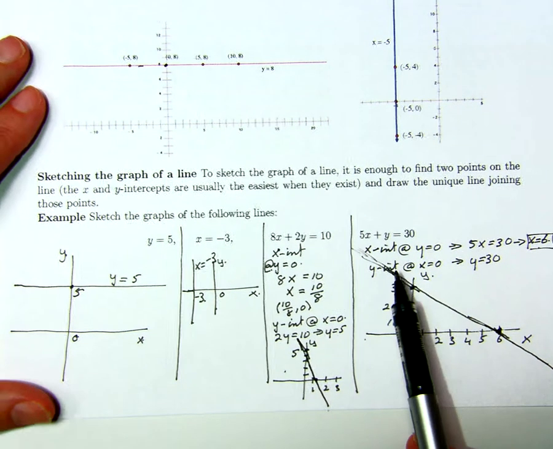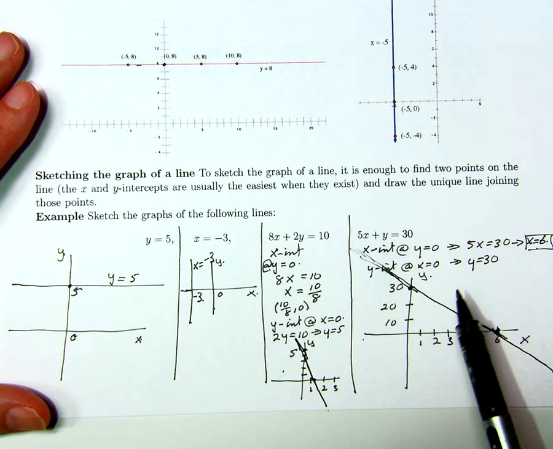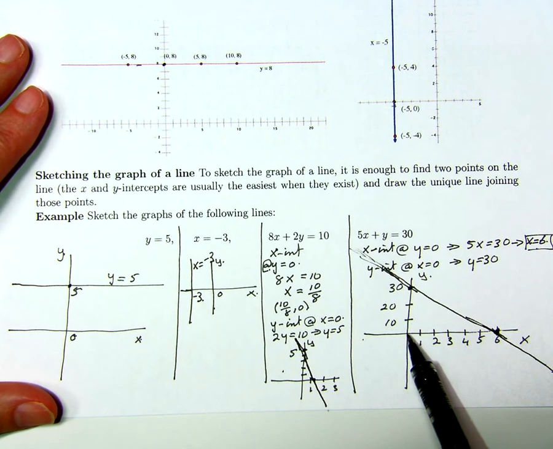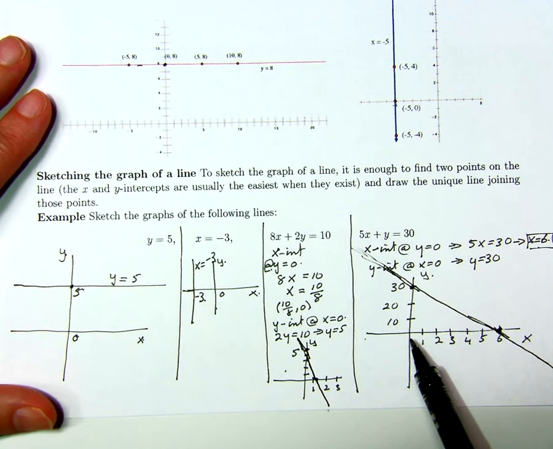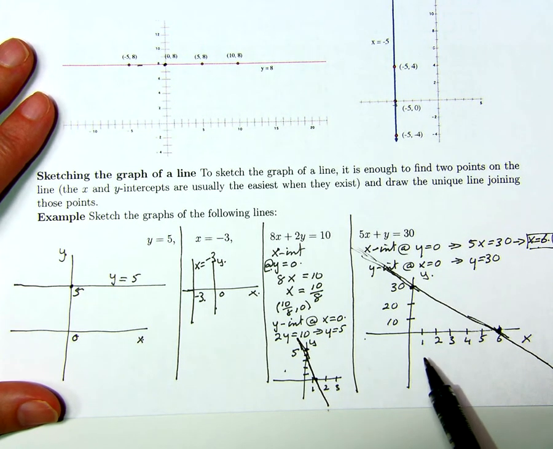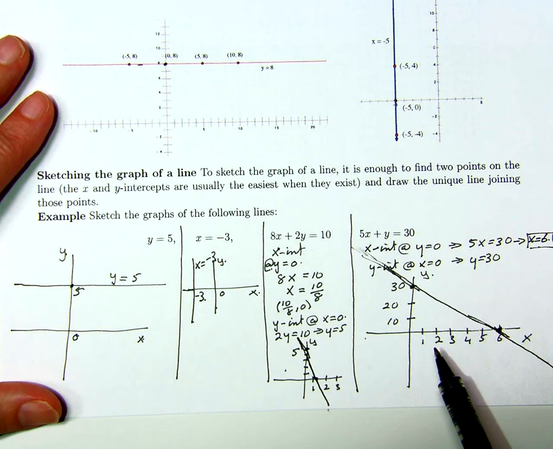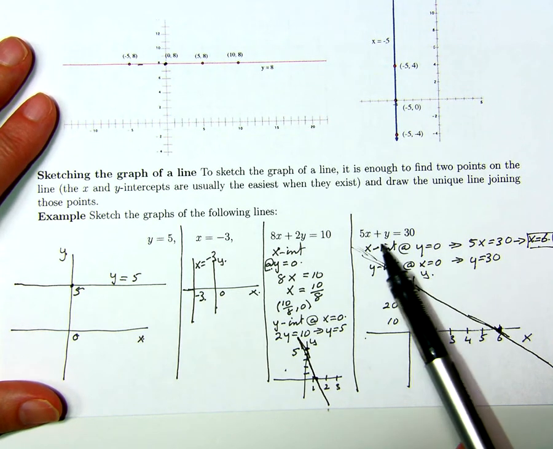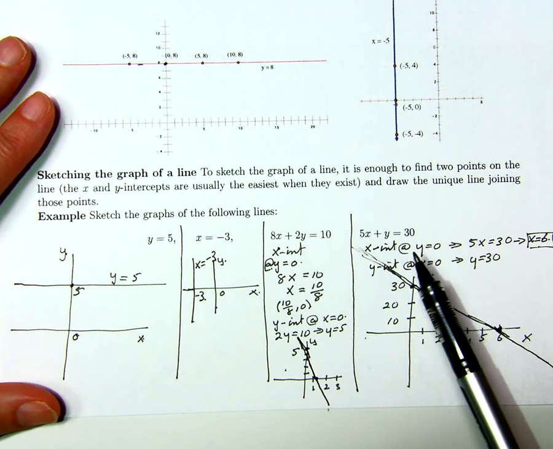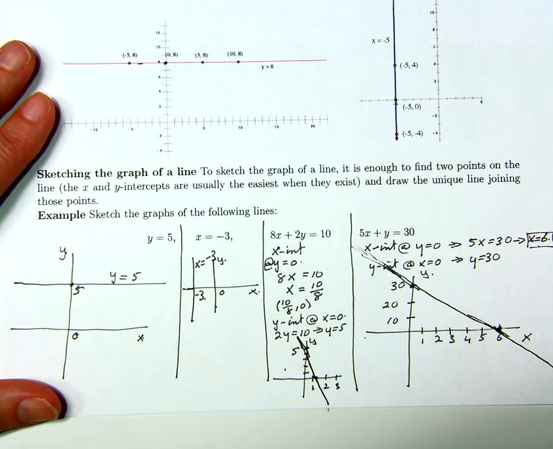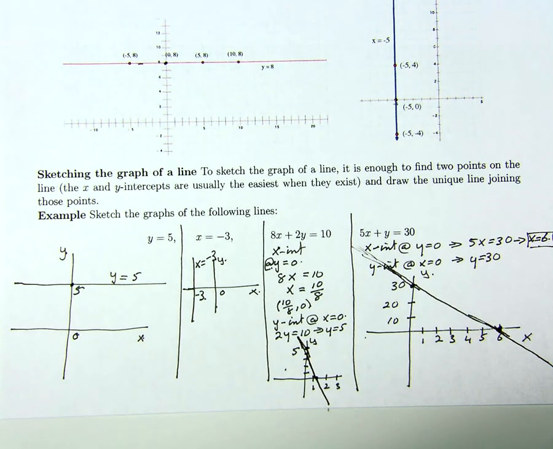Now, if it turned out there was just one intercept at, say, 0, 0, then to find another point on the line, I just plug in any value of x and calculate the corresponding y value to get a point.